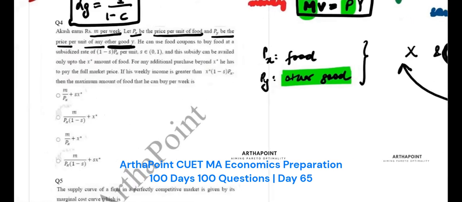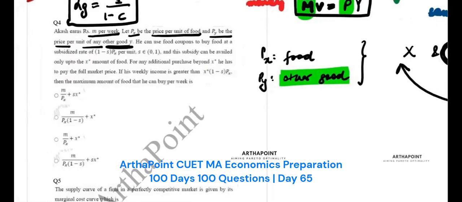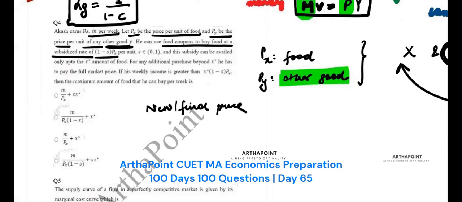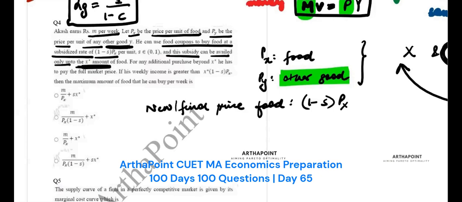Now let's read this out. So this says he can use food coupons to buy food at a subsidized rate of (1 minus S) PX. So your new or the final price of food is (1 minus S) into PX. And this subsidy can be availed only up to X star units. So it's not that you keep on consuming and you will get that price.